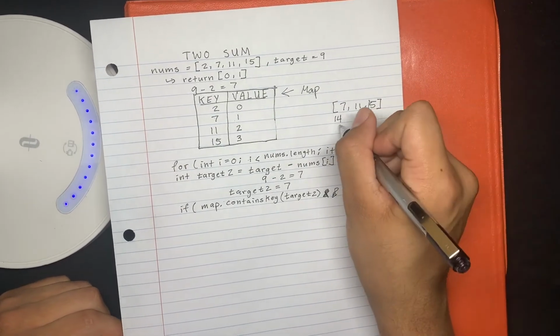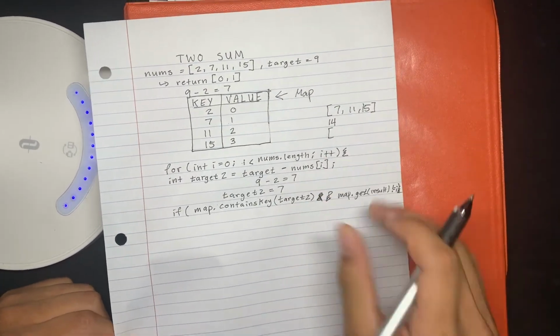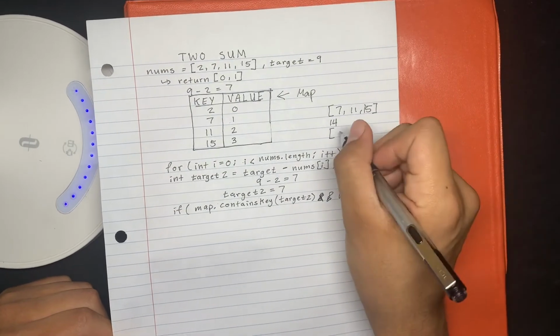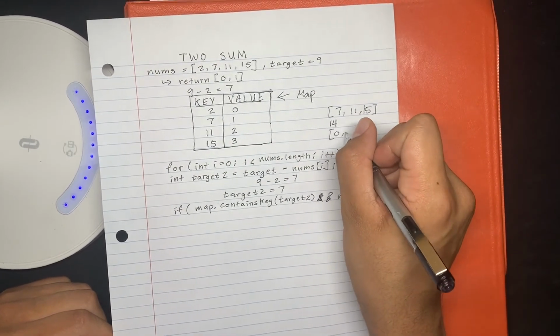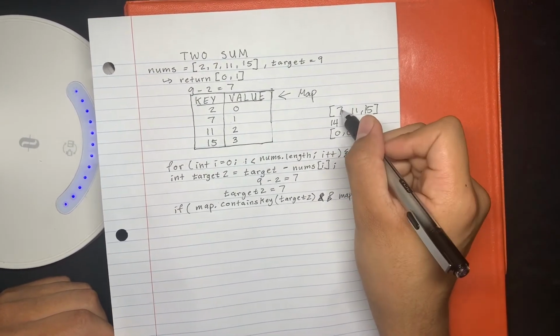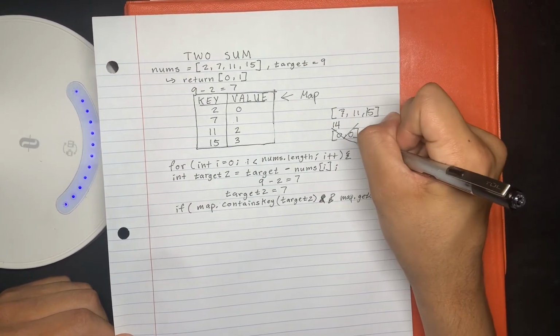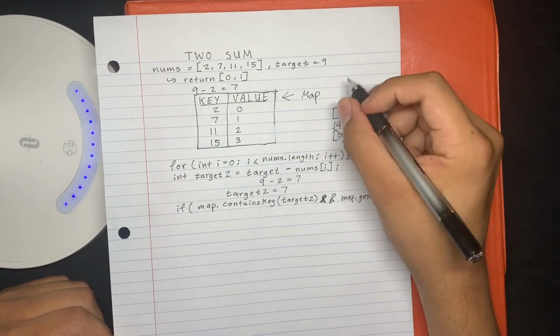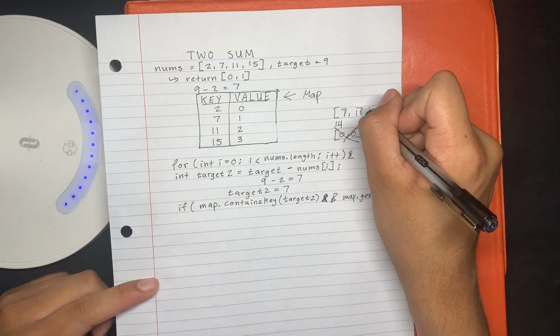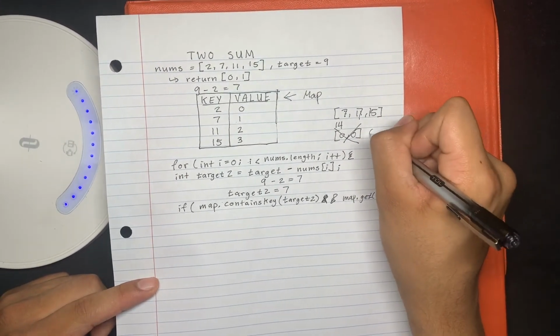If we didn't have this part of the code, it would give us a result of 0, 0 because of 7. But this does not work because we need two different numbers. If there was another 7 here, then we could do 0, 1.